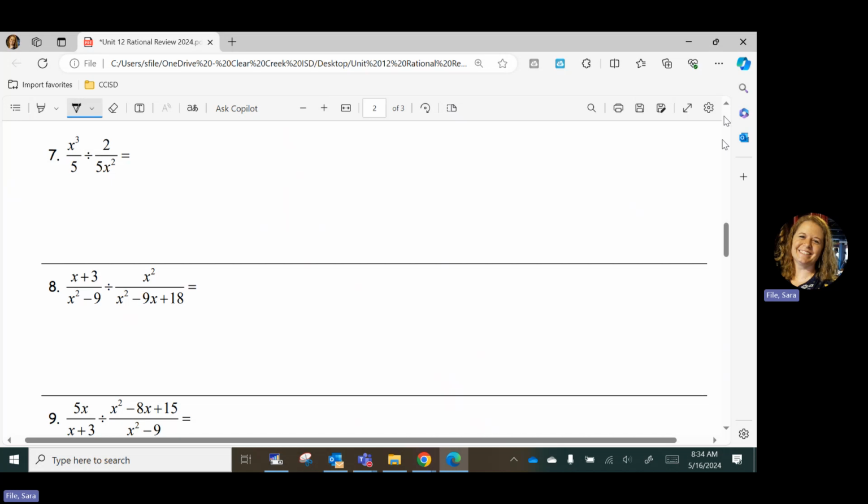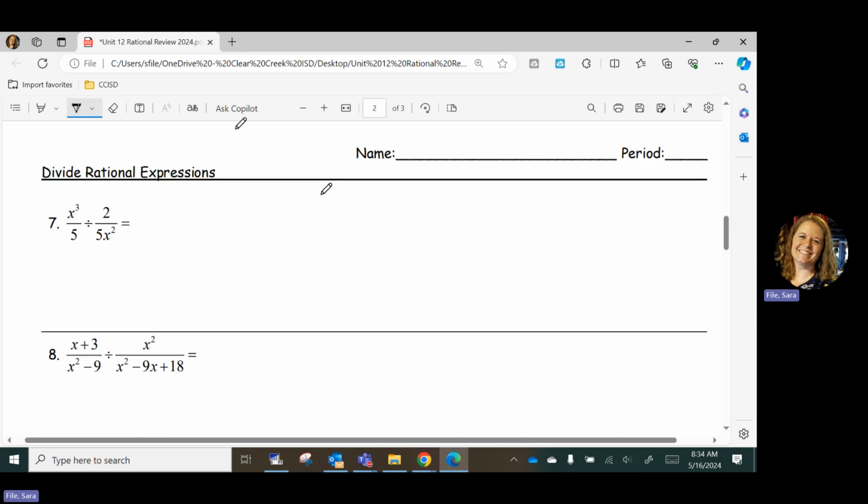But when we divide, we want to remember to keep, change, flip. Meaning we keep the first fraction as is, like the numerator and denominator stay where they are. Then we change the sign from division to multiplication, and we flip the second fraction, the second rational expression.